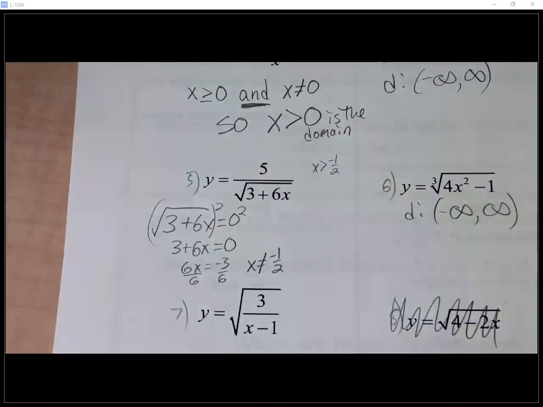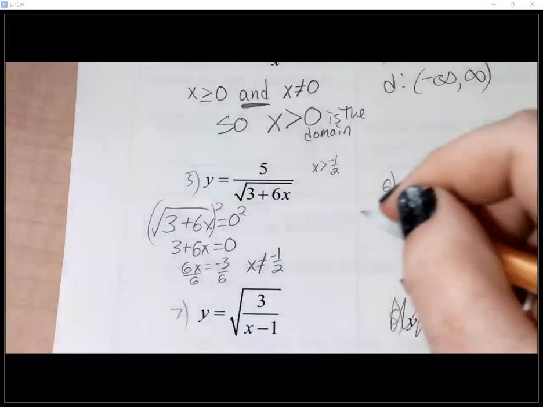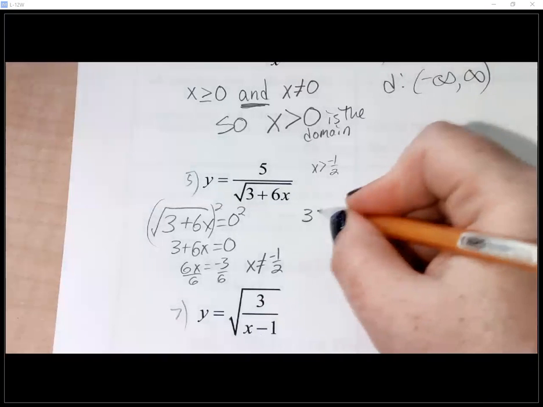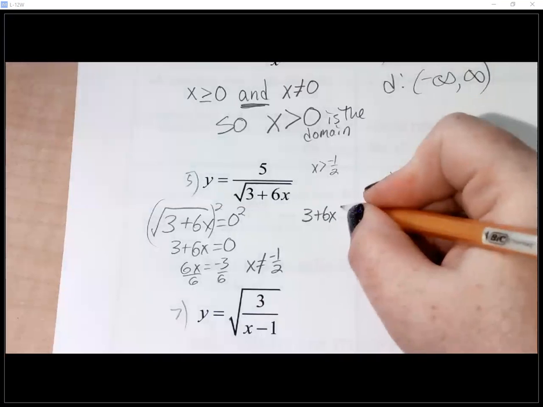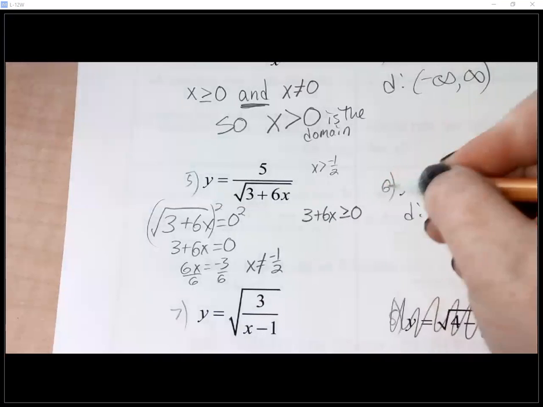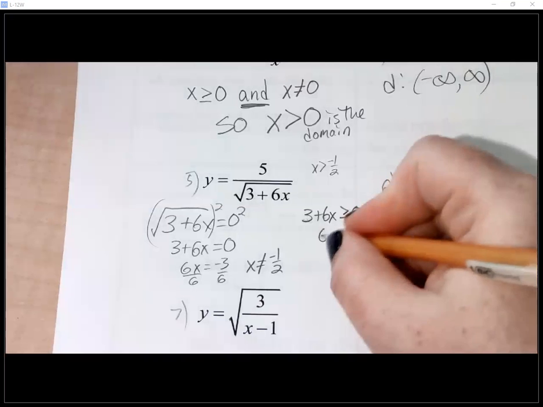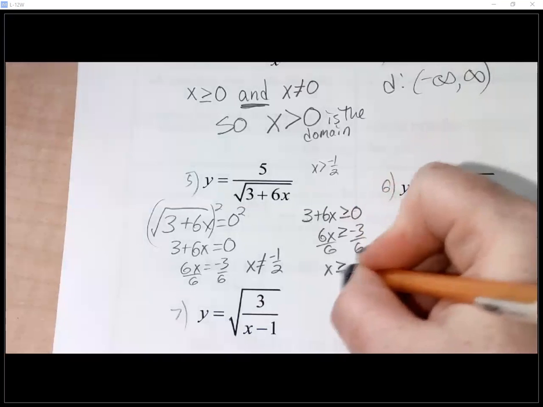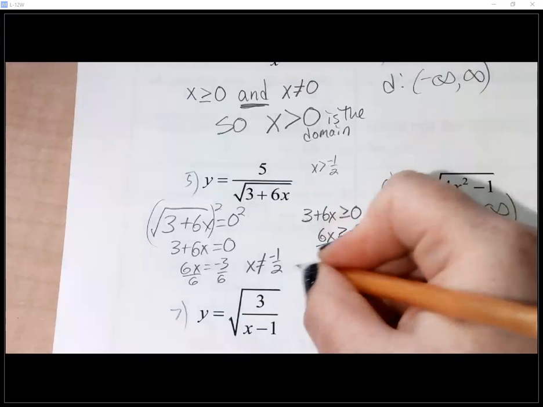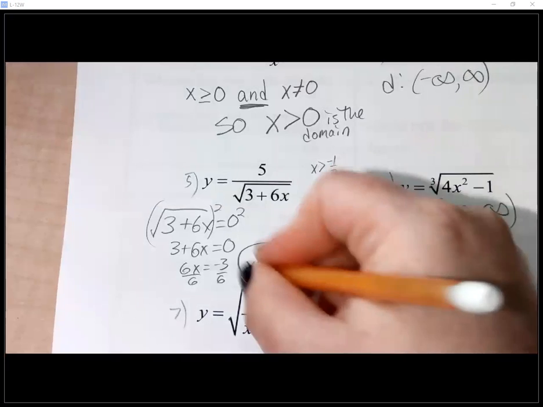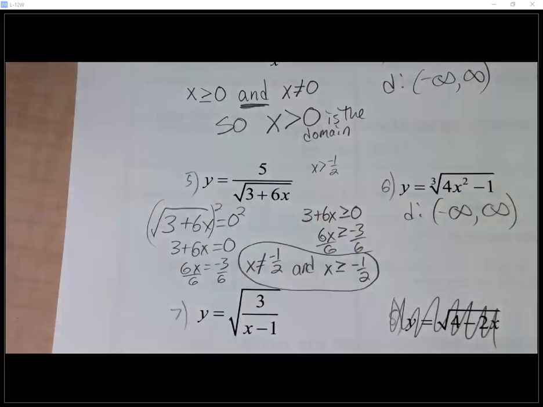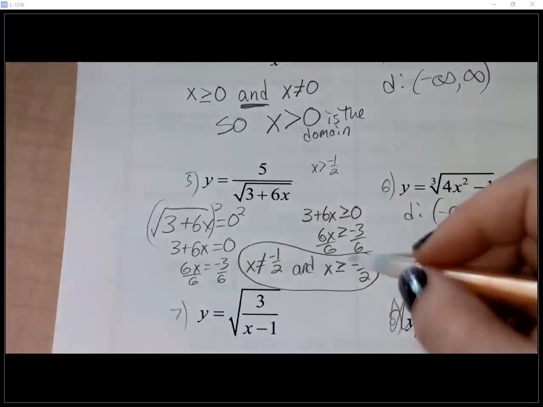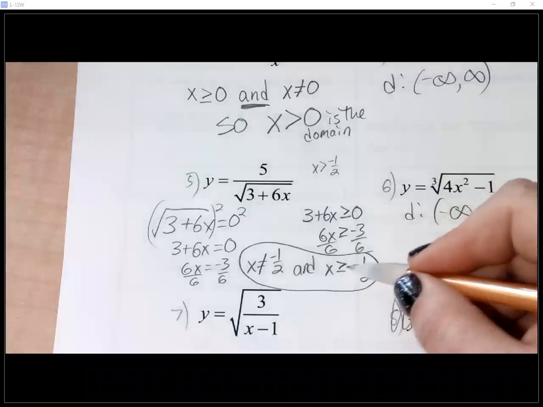Okay, let's look at my second issue. Whatever is under the radical is never allowed to go negative. So I need that to be greater than or equal to 0. So let's see. 6x greater than or equal to -3, divided by 6, divided by 6. X has to be greater than or equal to -1/2. So I need both of these to be true. Well, if x is not allowed to equal -1/2, and it has to be greater than or equal to -1/2, let's just get rid of the or equal to part, right?